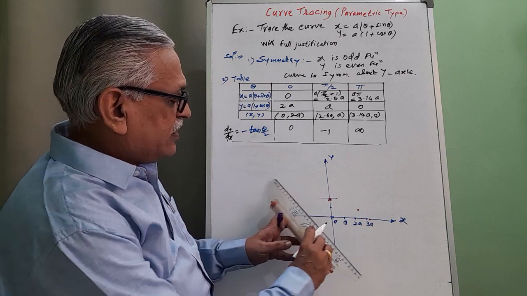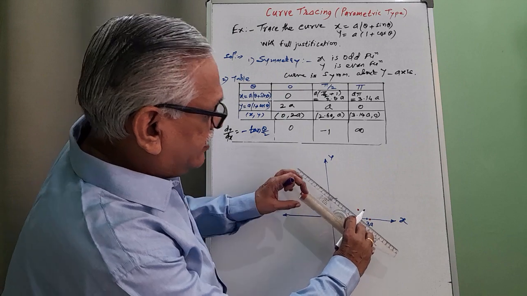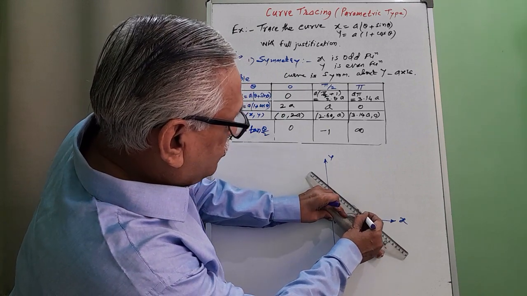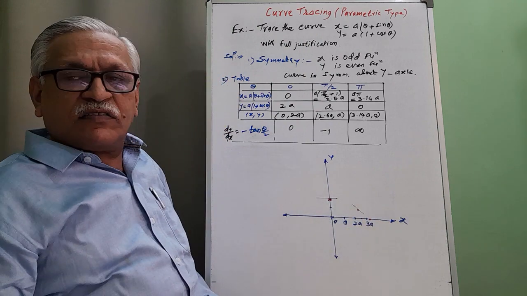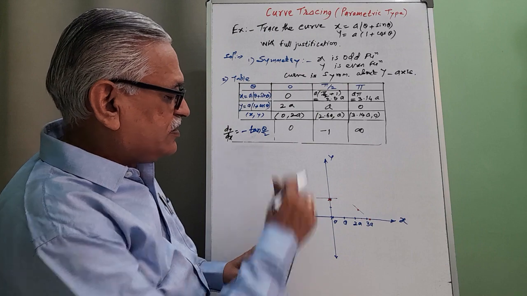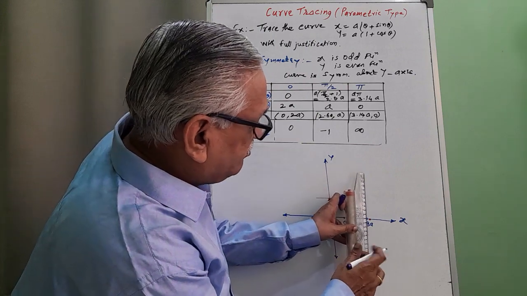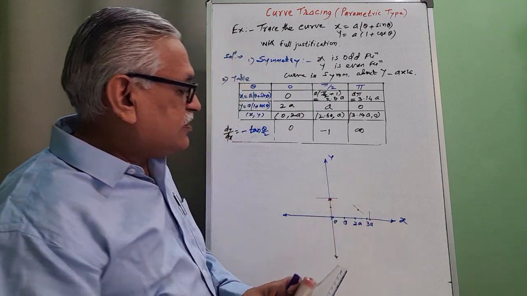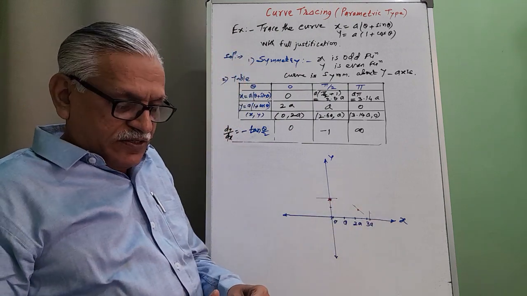Therefore, that line is parallel to the y equal to minus x line, making an angle of 135 degrees with positive x-axis. Therefore, this is that line. And for the third, slope is infinity, meaning a vertical line at that point, a perpendicular line at that point. Therefore, these are the 3 tangents.